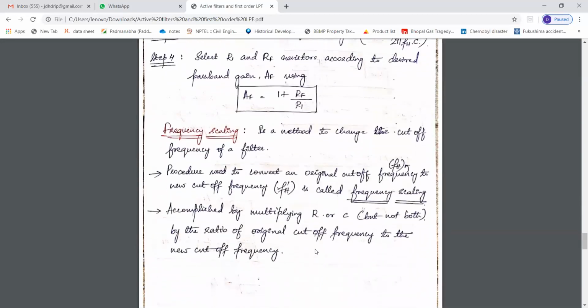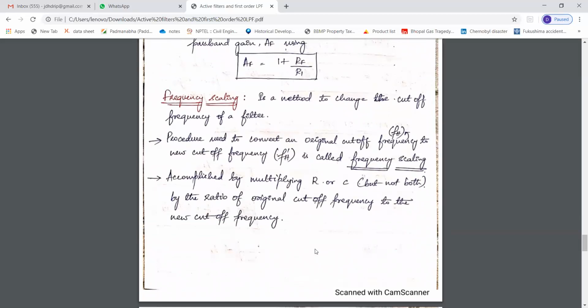And next the topic is frequency scaling. In some applications we will have to change the cutoff frequency of a filter from a value fh to say fh dash.